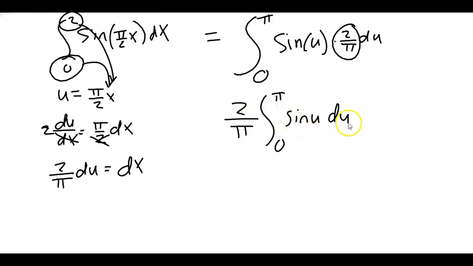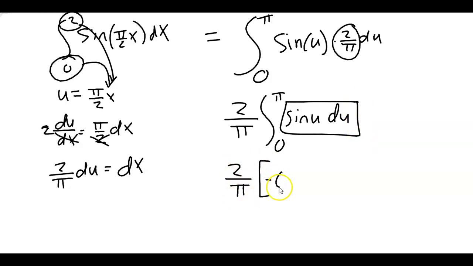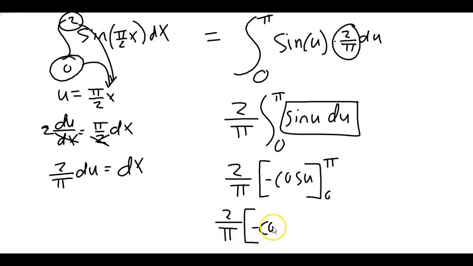And now we have a simple trig integration. The integral of sine is negative cosine. We'll go ahead and plug these values in and see what we get now. Negative cosine of pi minus negative cosine of 0.